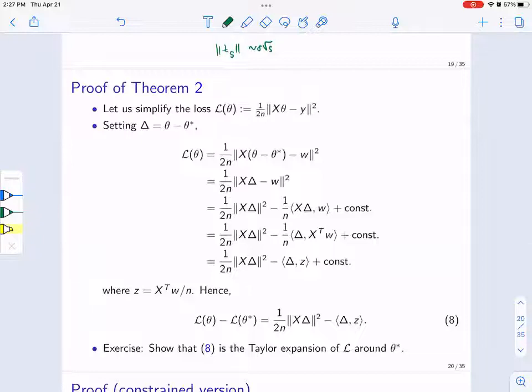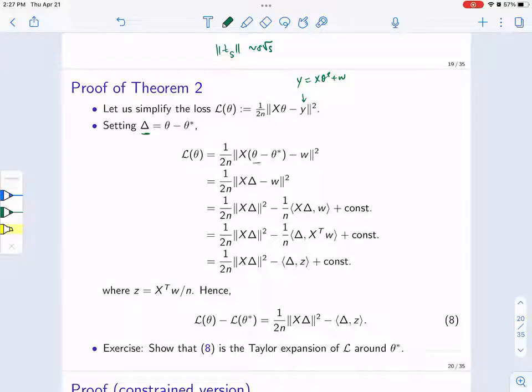So let's try to simplify this objective function. Define delta to be theta minus theta star. I'm just going to plug this in here. So let's say y is x theta star plus w. You plug this in here and combine the two terms that have x in them.